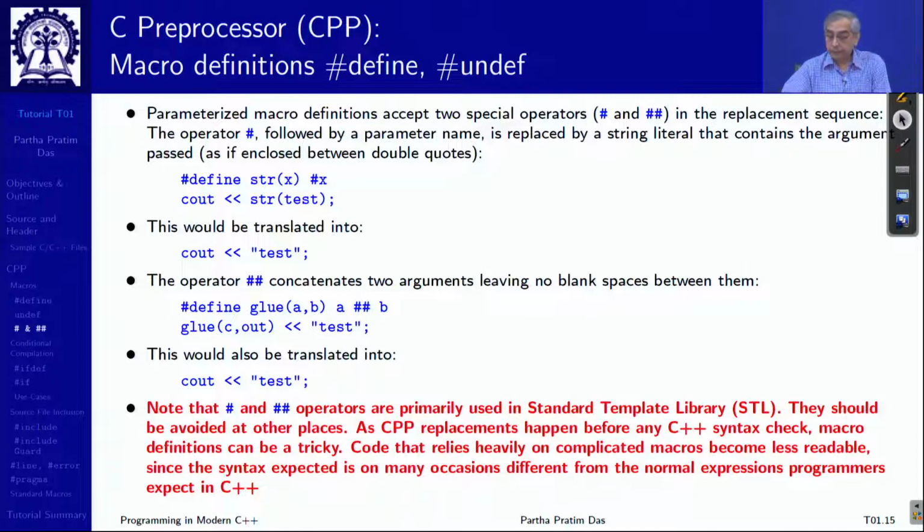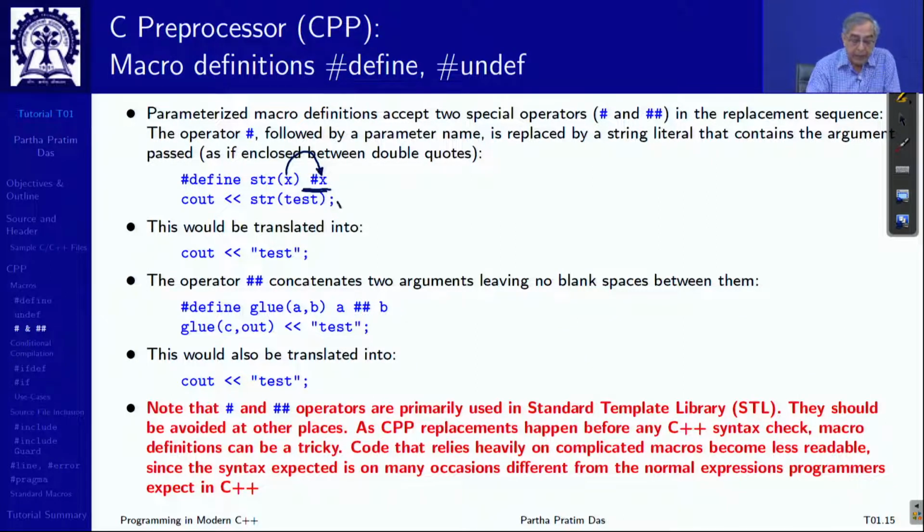Now, there is an interesting feature, it is the hash operator. Right. It is like a macro with parameter, but what it does is, if I pass x and write hash x, then it will actually put the string that I have passed.